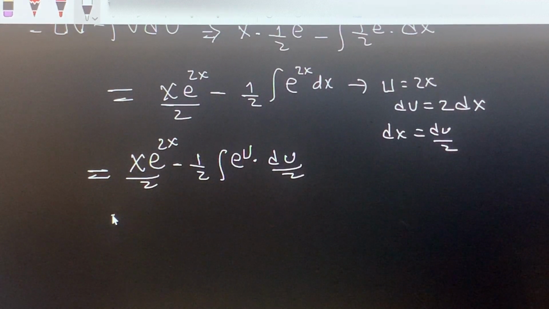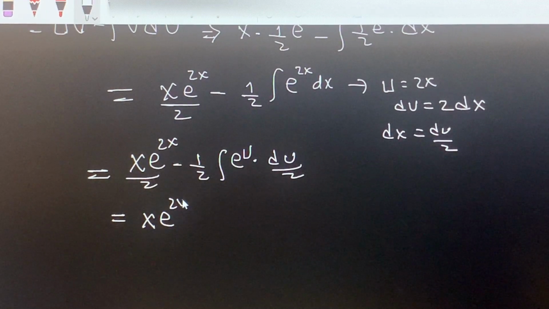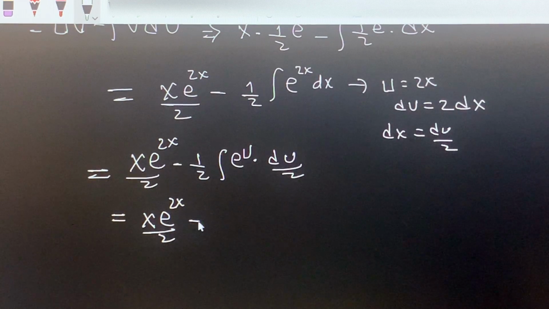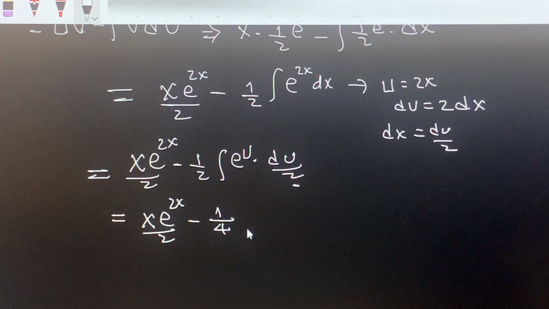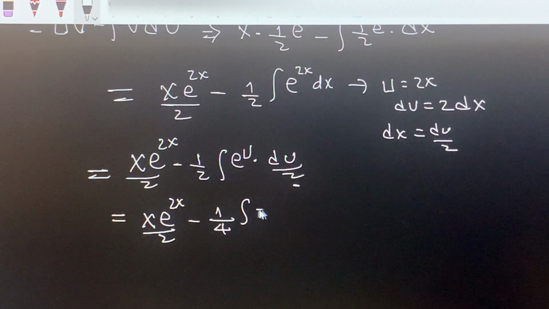So this is going to be x e to the power of 2x over 2, minus, I can take out the 1 over 2 which is below the du, so this 1 over 2 changes the one outside the integral to 1 over 4, the integral of e to the power of u du.